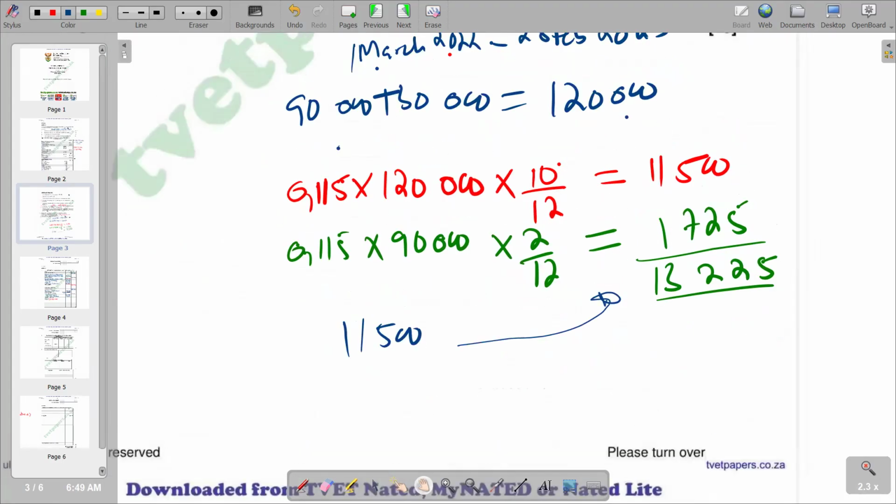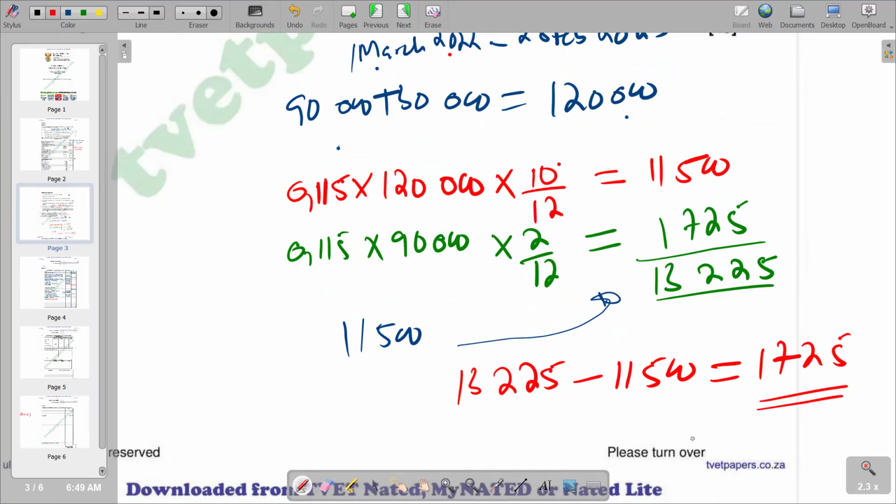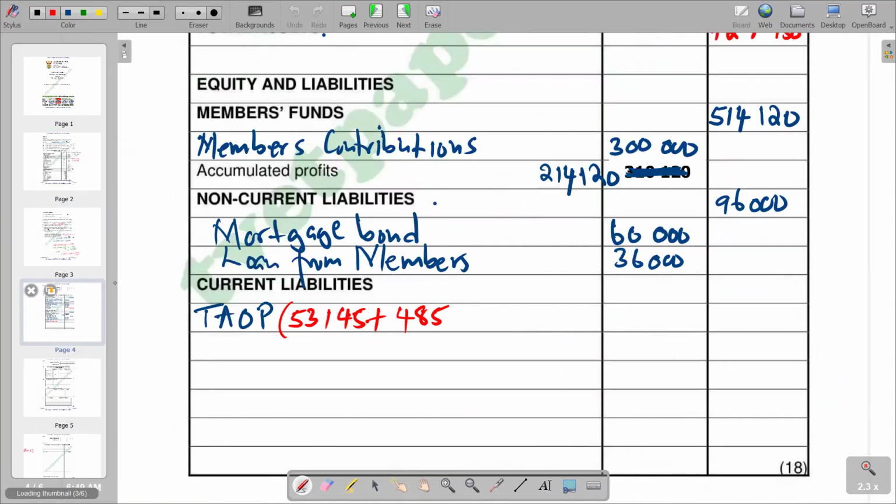We say 13,225, subtract 11,500, and we get the amount of the accrual, which is 1,725. So basically, this is the figure that is also going to increase the amount for trade and other payables. So we are saying plus 1,725.